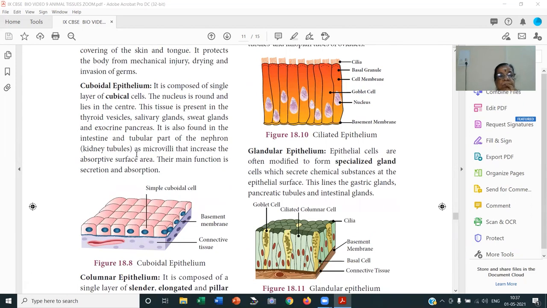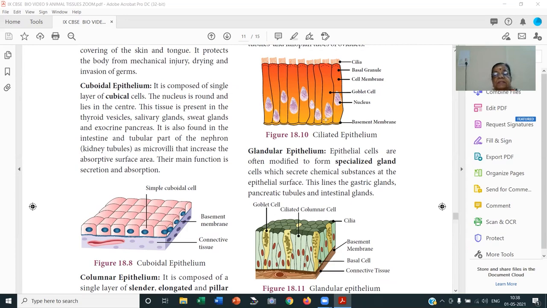It is also found in the intestine and the tubular part of the nephron, as microvilli. Microvilli in the small intestine are the finger-like projections meant for absorption, which increase the absorptive surface area. Their main function is secretion and absorption. I hope you understand.